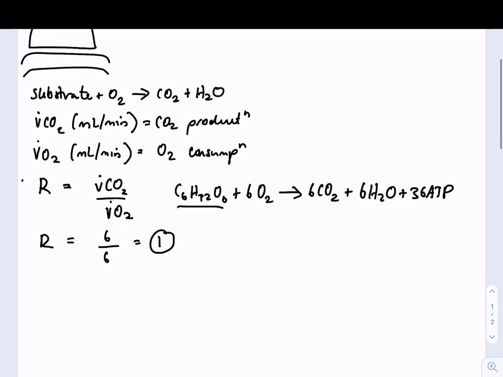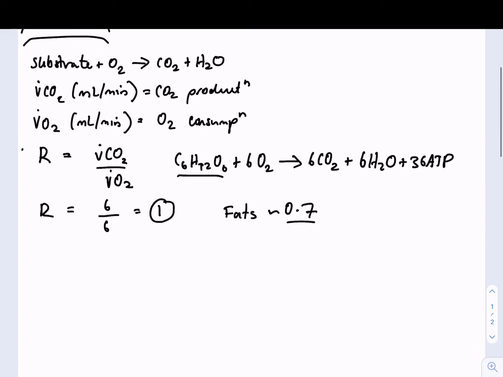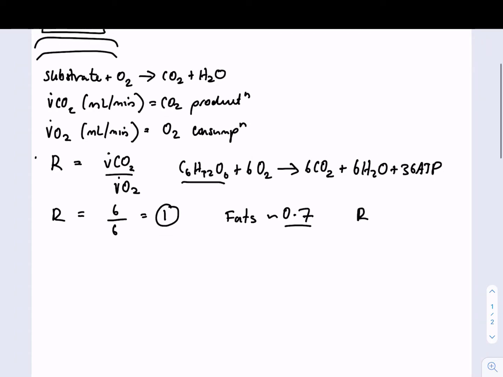Alright, and it's different for fats. For pure fats, we're looking at ratios of about 0.7. And for a normal human diet, which consists of a mixture of fats, proteins, and carbohydrates, our respiratory quotient is estimated to be about 0.8. Now we'll come across the importance of this.